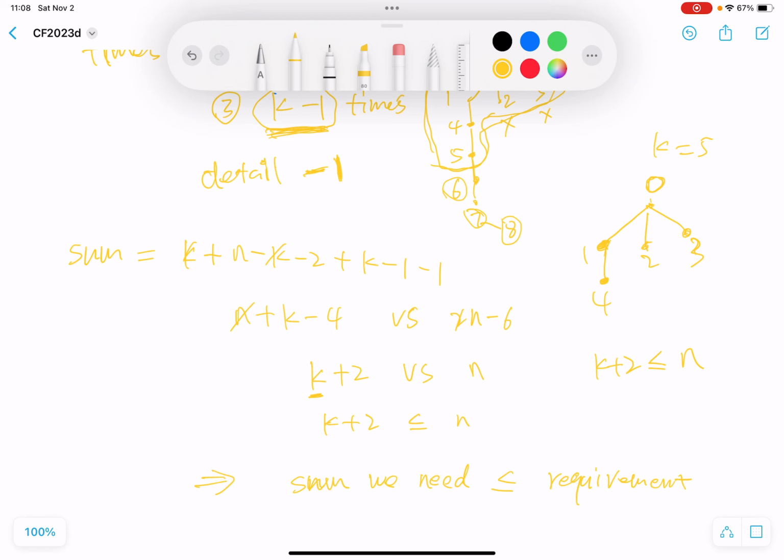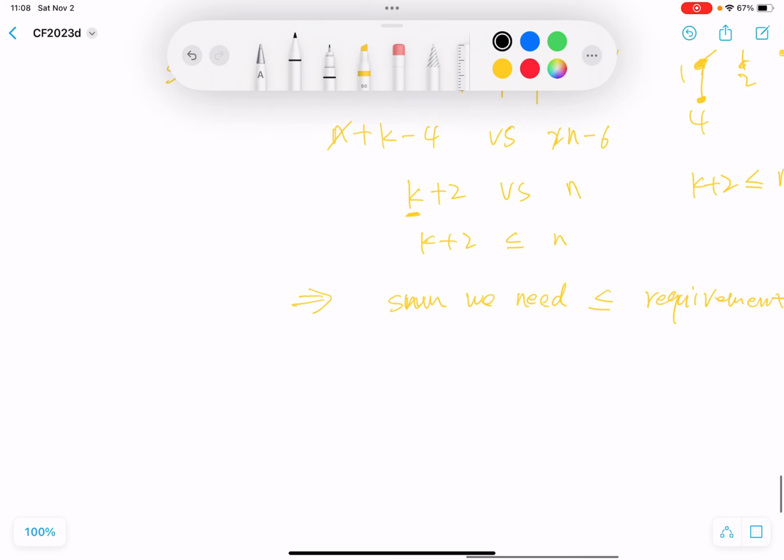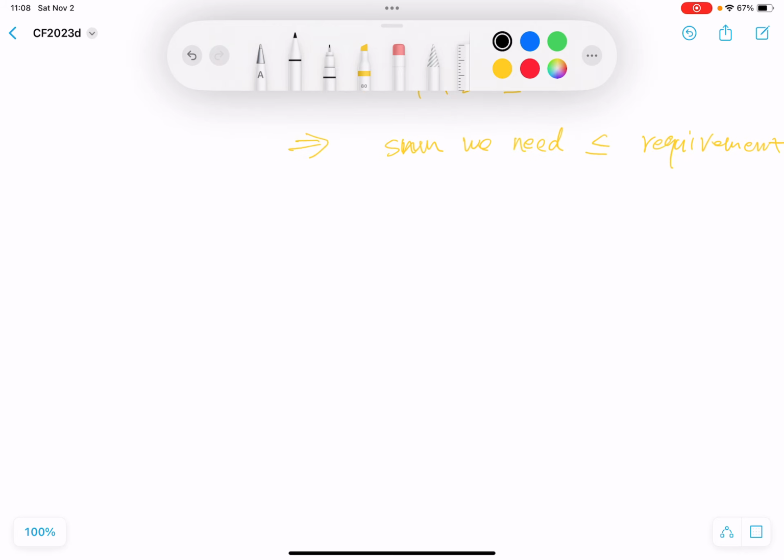This is the improvement, why this solution can be accepted and can meet the requirement, before we know the construction of this tree. Okay, this is the solution part about this problem.